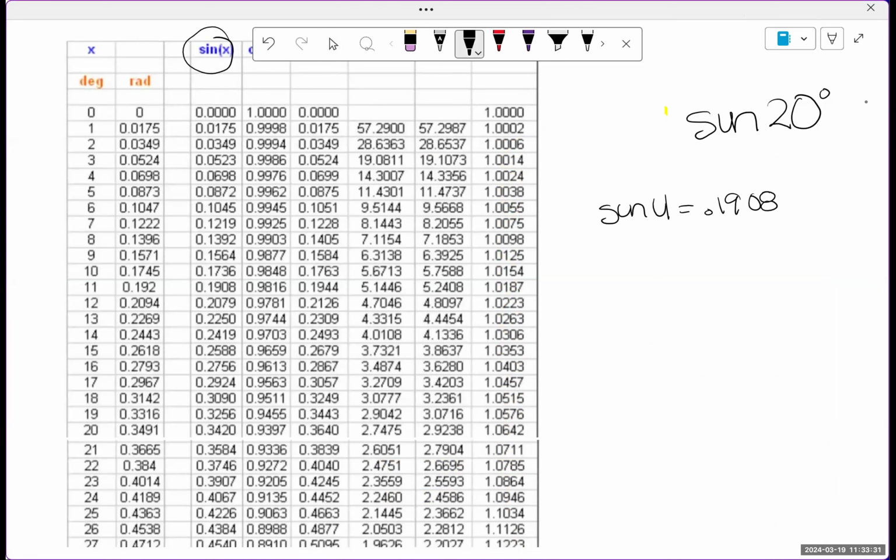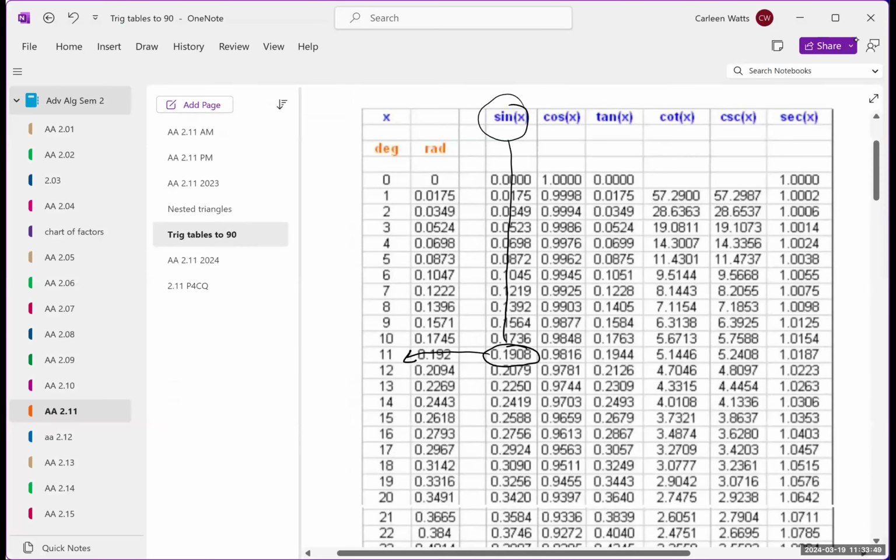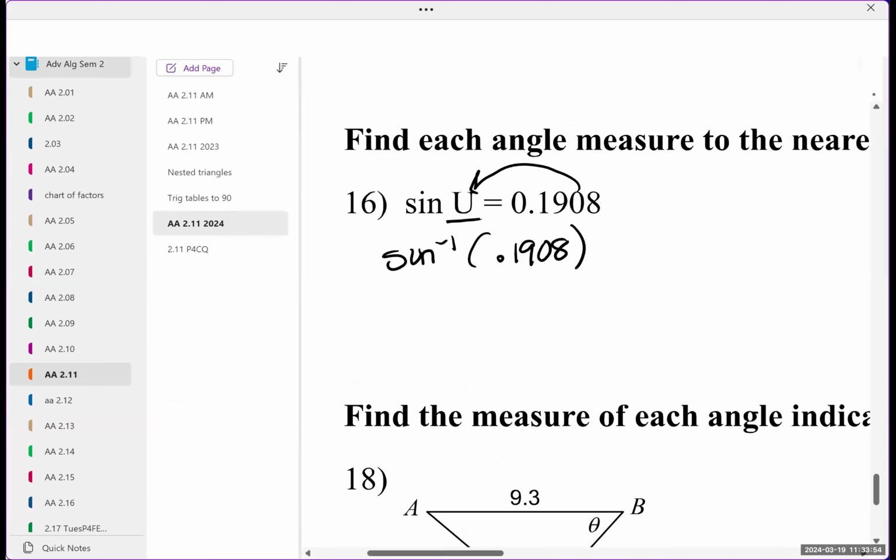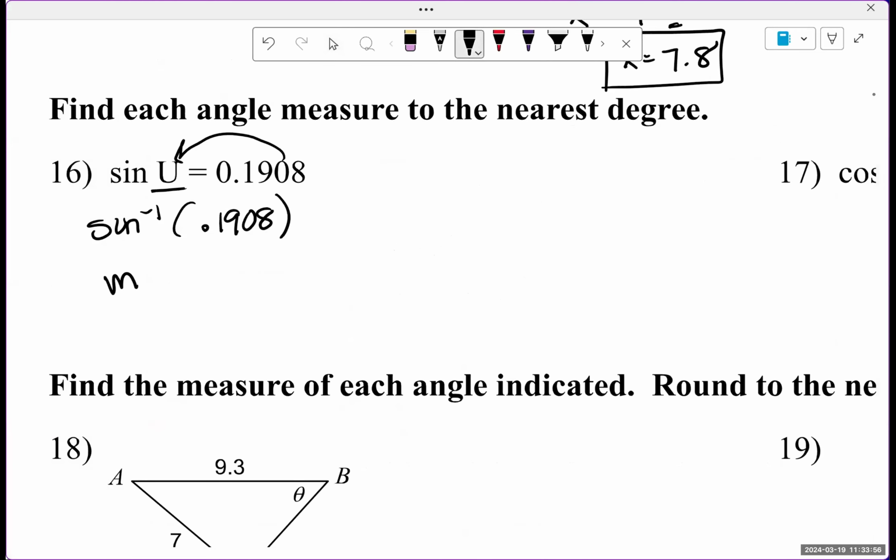So sine 0.1908, there it is. So the measure of angle U is 11 degrees.